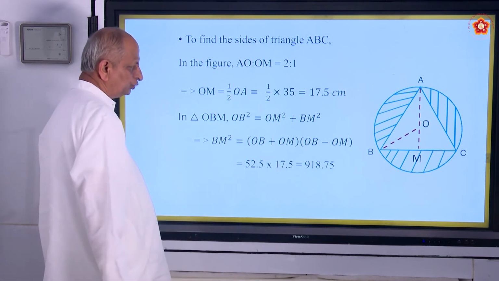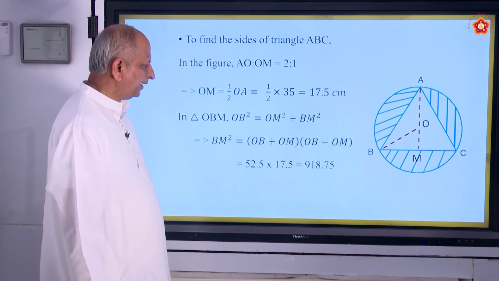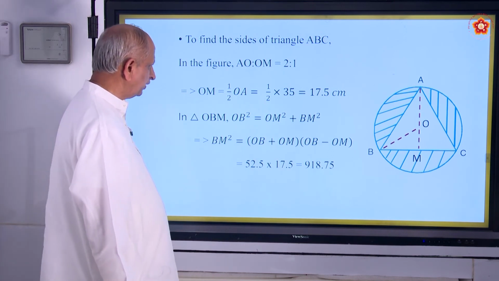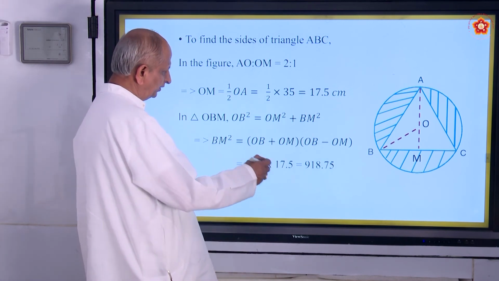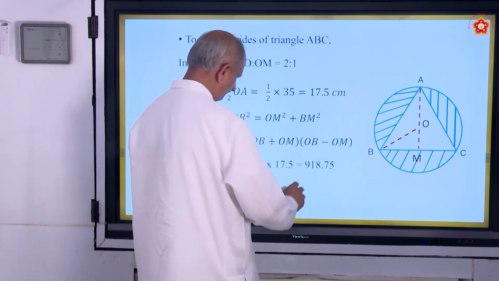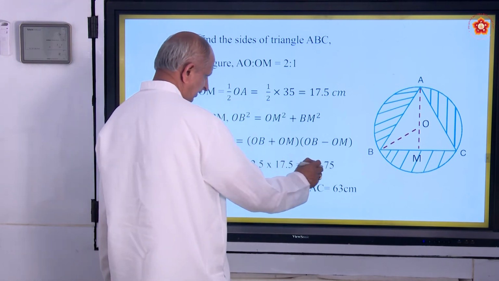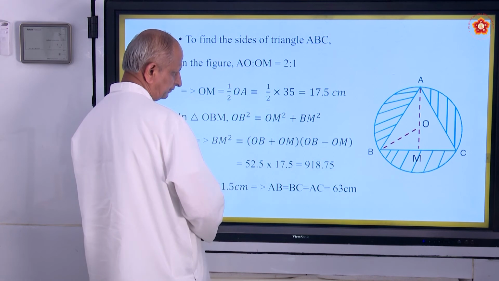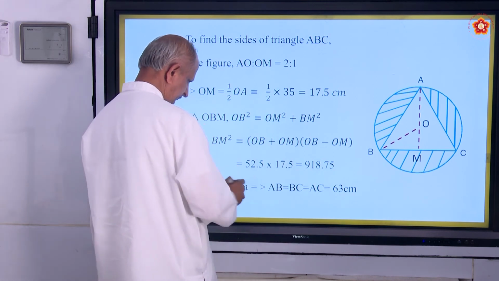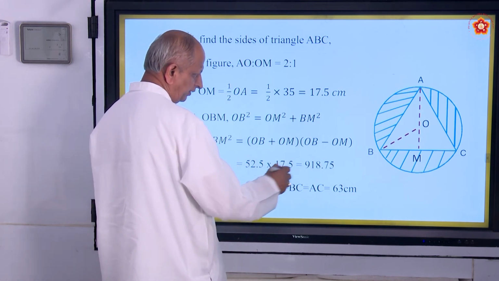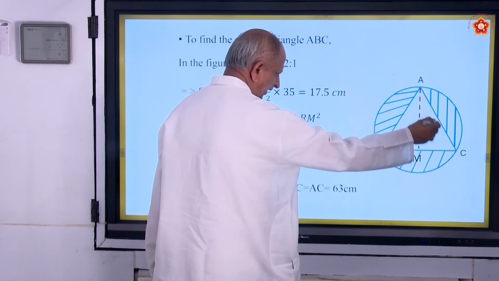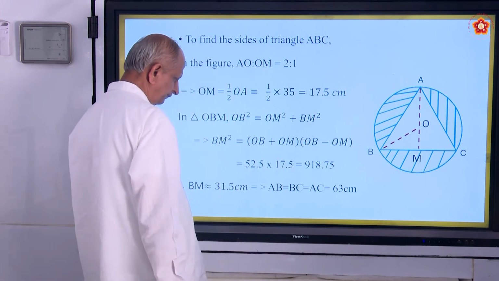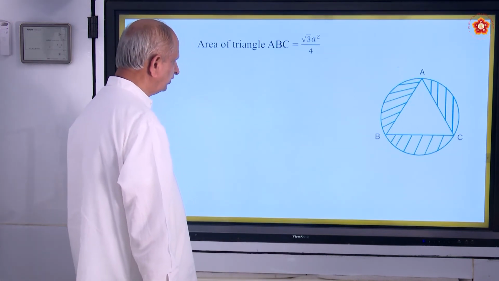If you multiply these two, you get 918.75. So BM square is 918.75, and BM becomes 30.3, that is the root of this. And we know that it is an equilateral triangle, all the sides are equal, AB, BC, AC, all are equal, and you have to use that.